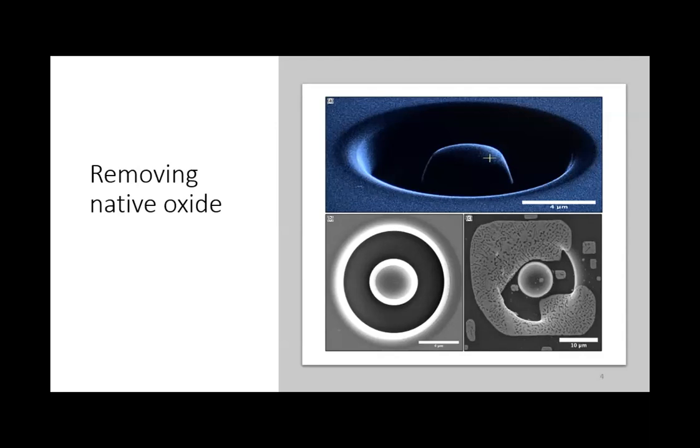Here we are removing the native oxide in the outer circle. After that, we can deposit the material that we want, and then we will have different properties of materials.